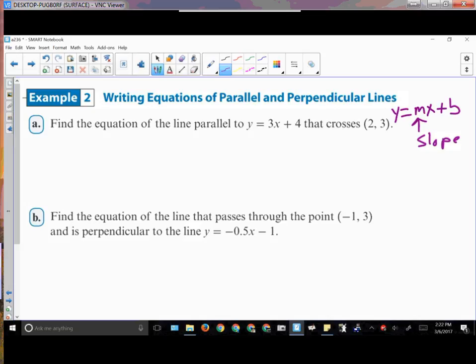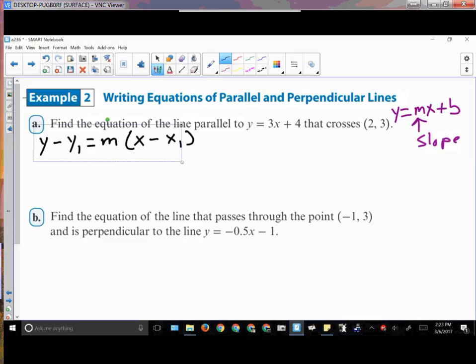So there is one other formula that I need to remember as well, and that's point slope form. We've talked about this one before, wrote it down, but again, it is y minus y1 is equal to m times x minus x1.